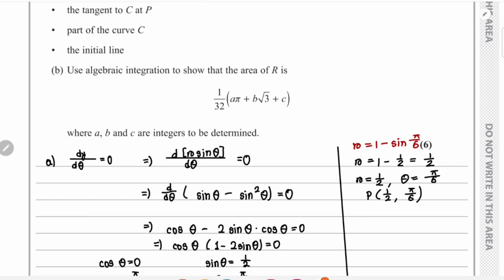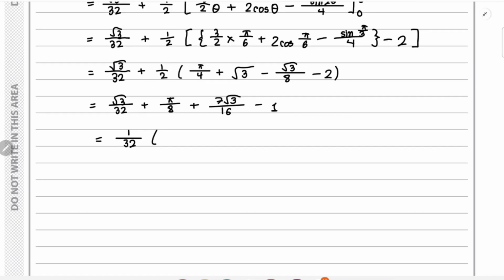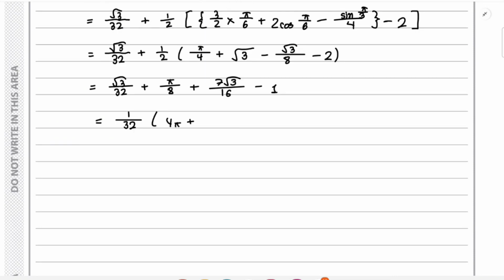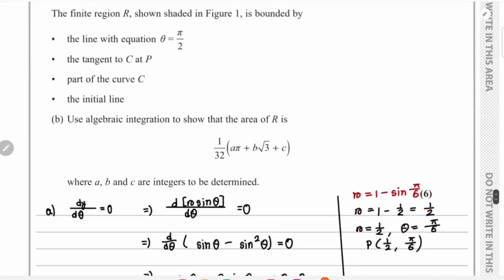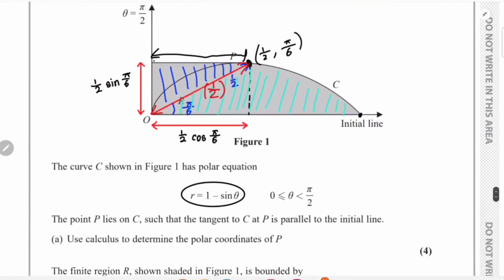So we'll have a 1 by 32 in the front, and then we can just write down 4 pi plus 15 root 3 minus 32. So you'll get the value of a, b and c. All of them are integers. So that's it for question 8.